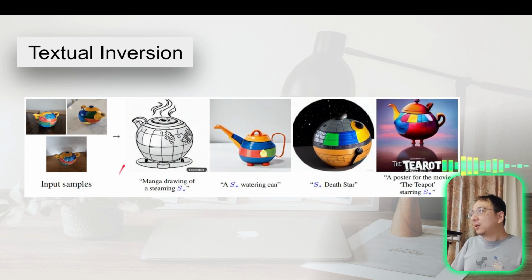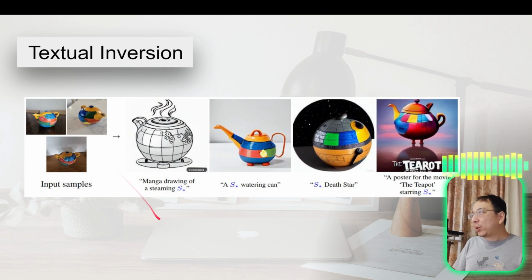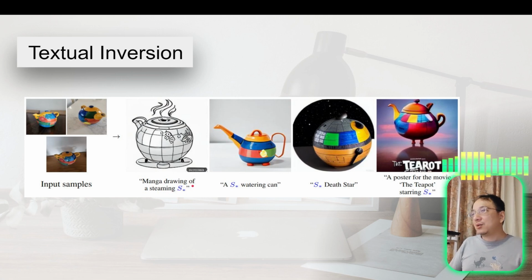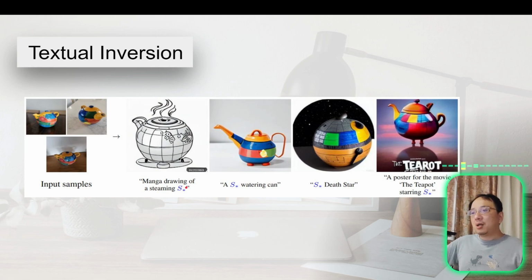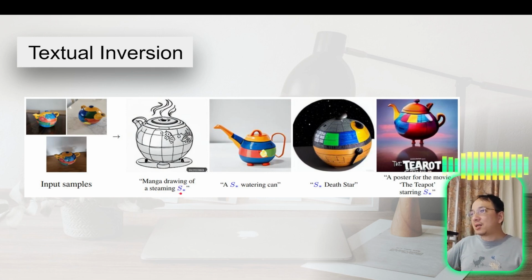For example, in this case, we give a few example images here. You can see that it is some colorful teapot with a certain shape. So we hope we can give it a new name, called S star. It's just a new symbol, and we wish Stable Diffusion to recognize this S star symbol to be this type of object.